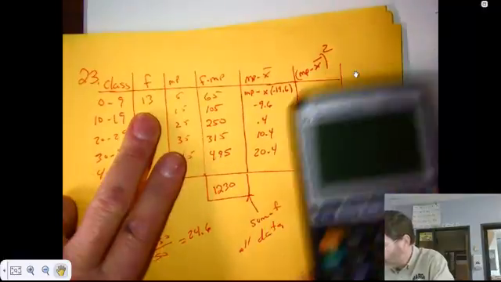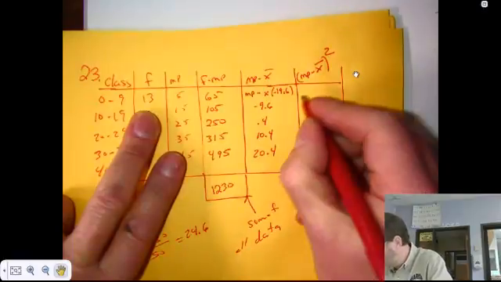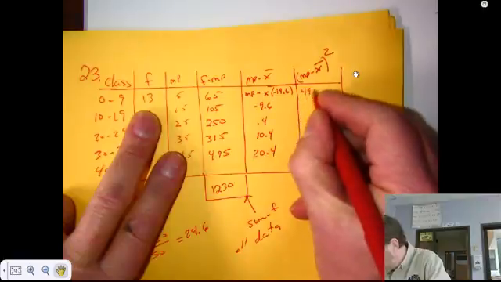So this will be 19.6 squared times 13, and I got that to be 4994.08. That's right.